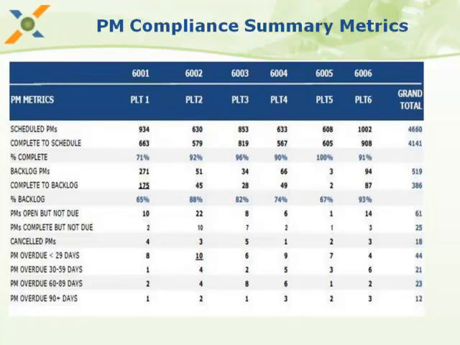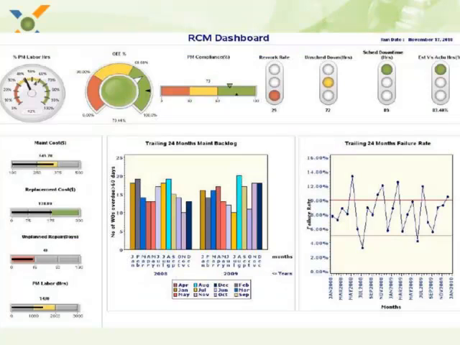Some of those things, again, this is another example of an RCM dashboard. This has various things in it, but you may have some targets that you may have set, and then you can use various visual tools to help identify.